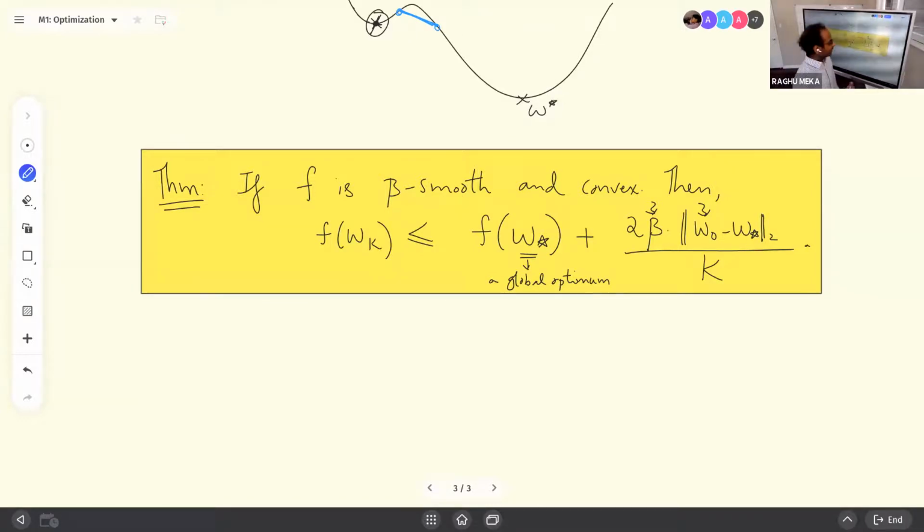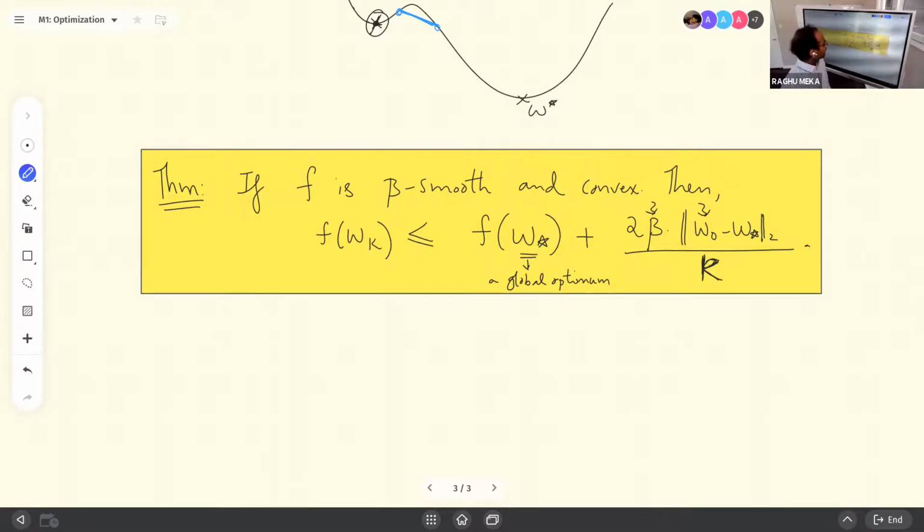The main thing here is that as the number of iterations increases, you are converging. And there's a very quantitative bound on how fast you're converging. It's 1 over k.